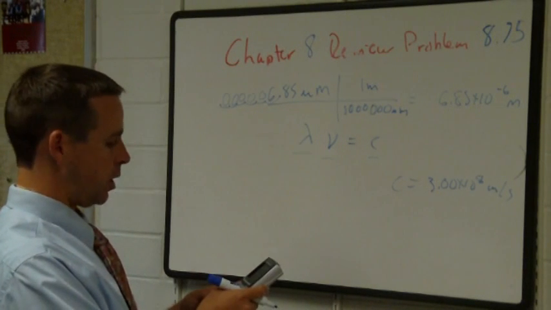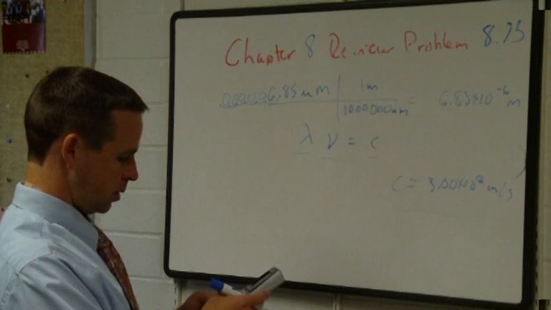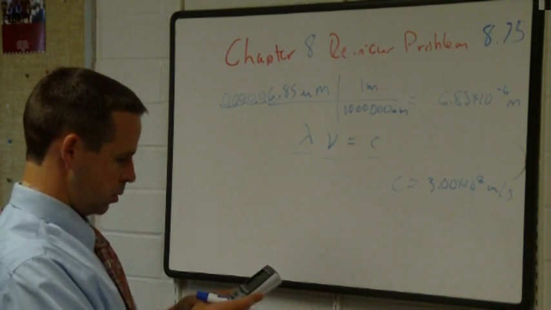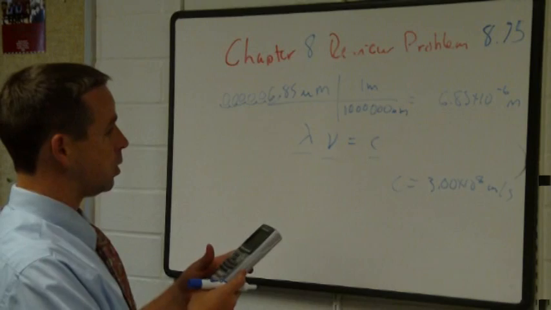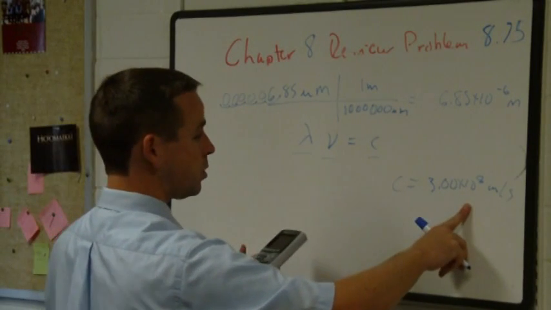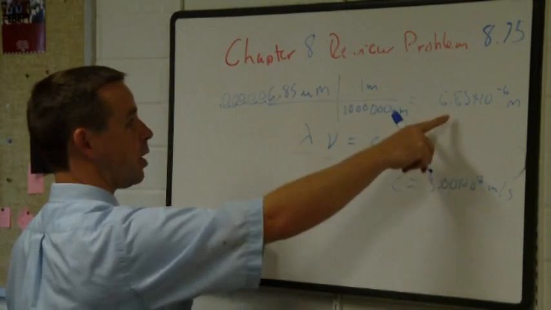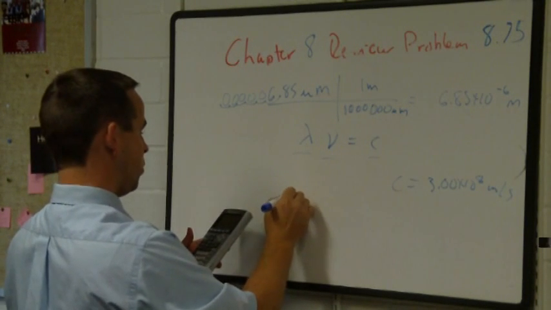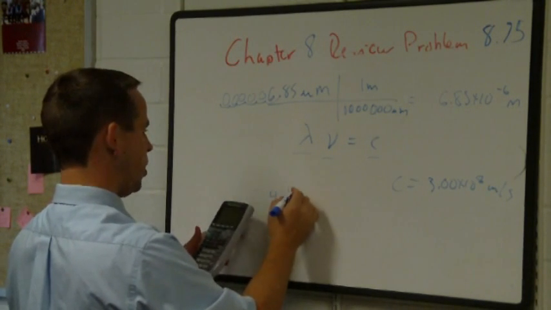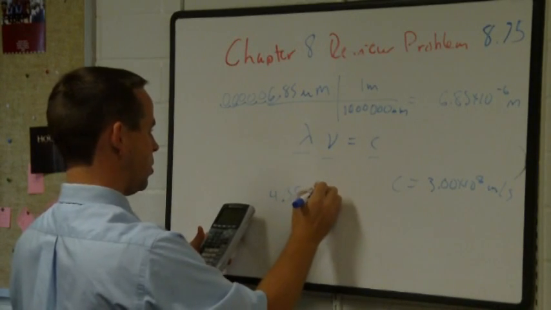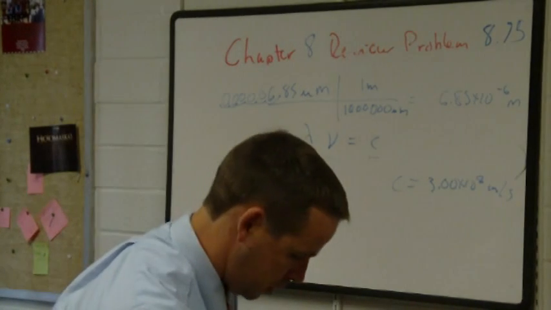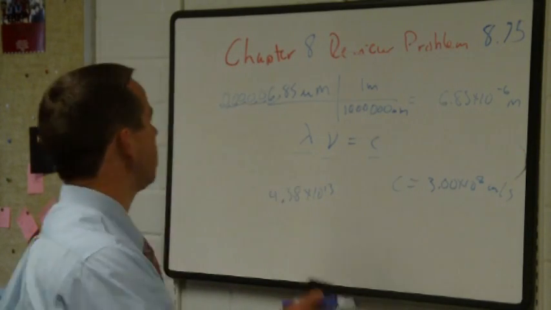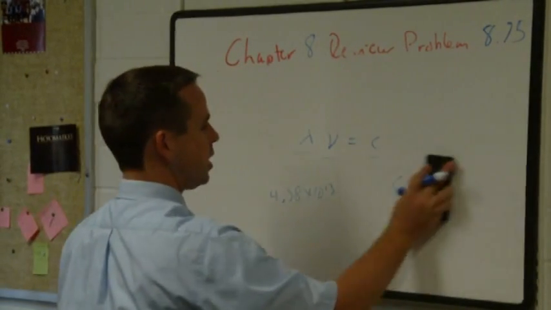So we have 3.0 times 10 to the 8th divided by 6.85 times 10 to the minus 6. And the frequency is 4.38 times 10 to the 13. Alright, 4.38 times 10 to the 13.